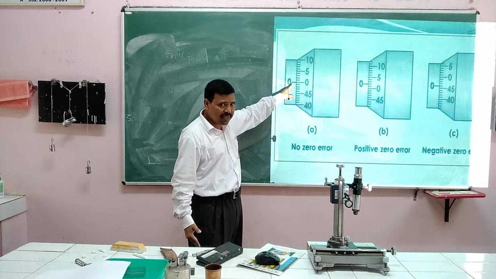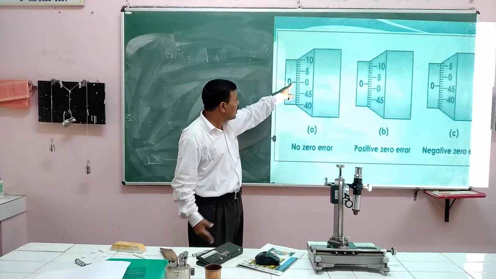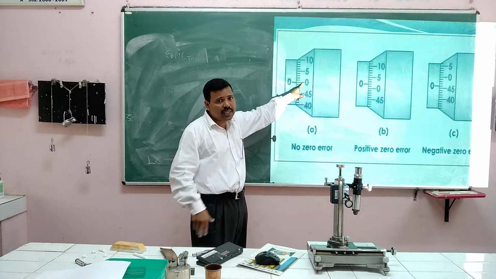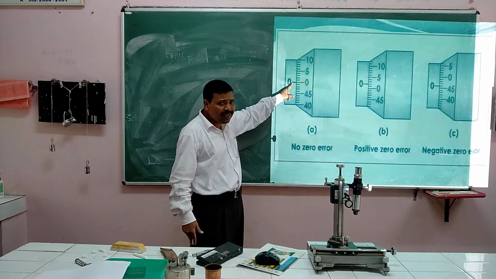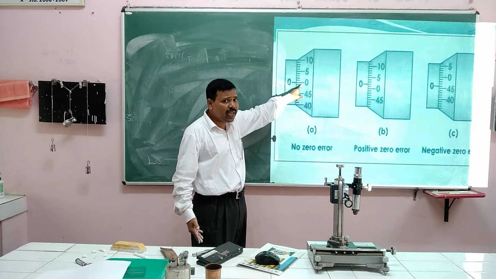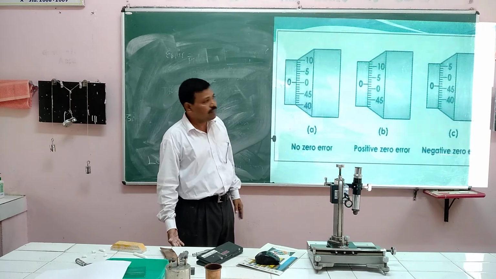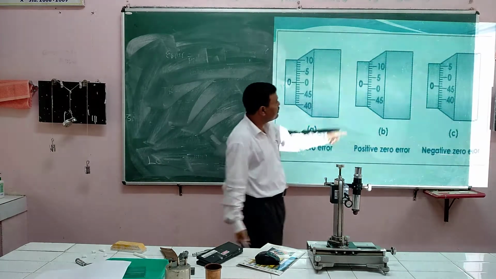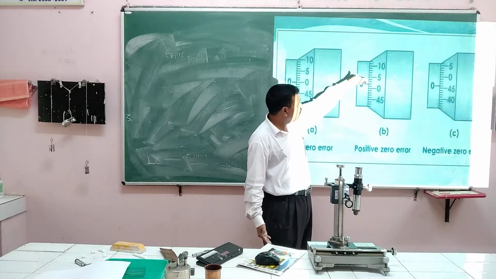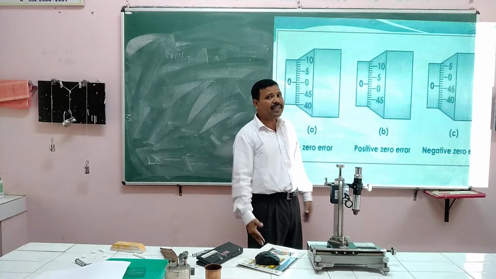If the reference line of the linear scale coincides with the zero of the circular scale, then this instrument is free from error. Now look here. The zero of the circular scale lies below the reference line. What is that reference line? The linear scale.